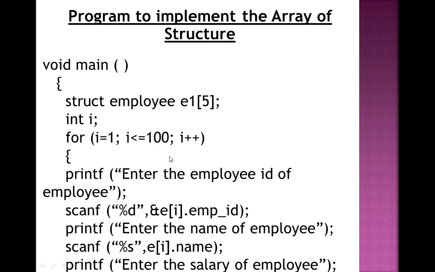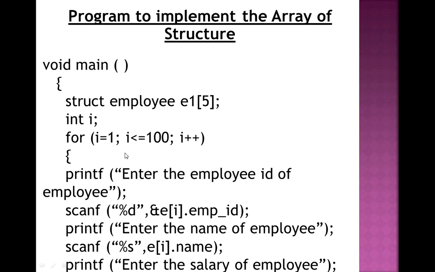Then there is the i++. Then curly brace start, printf, enter the employee ID of the employee, and that is of 5 employees. So I am using an array variable for scanning the values, for storing the values to the memory. This is %d, &E1[i].